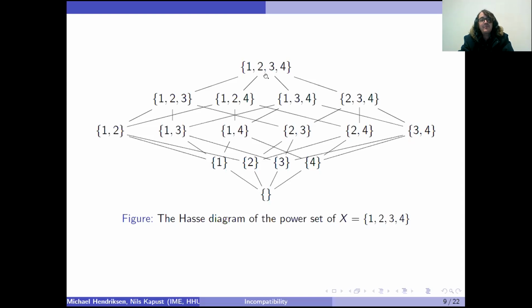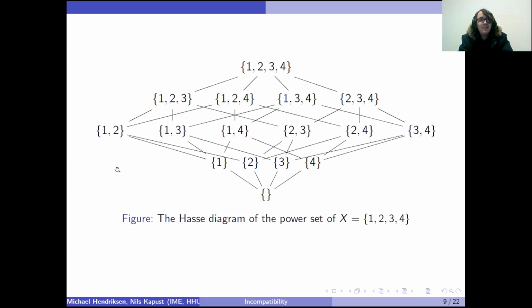And an anti-chain is a set of elements where there is no chain between any pair. An example of an anti-chain is this row in the middle here with the 6 elements.